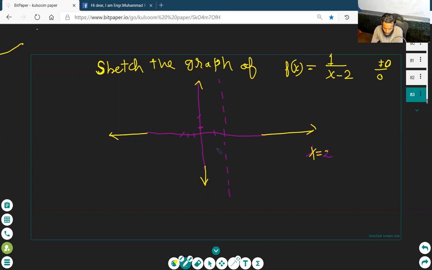Write x is, write 2 here, okay? Also write 2 here. Clear? Write x is equal to 2. It is vertical asymptote. Vertical asymptote.